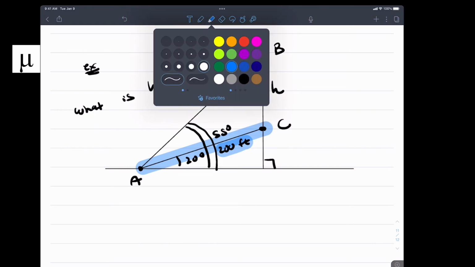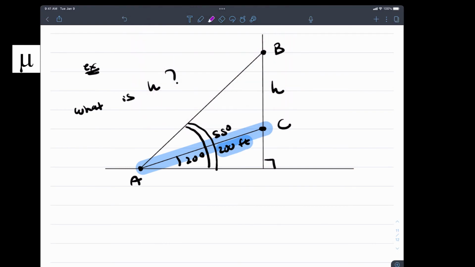So H now is just this distance here. Okay, should we let you have a few seconds to think that one over as well? Okay, think of an approach.